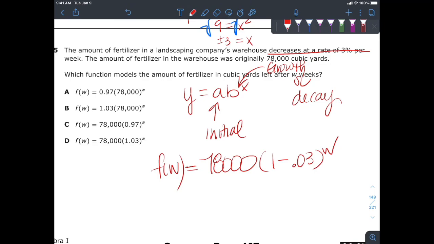So this is what my equation should look like. So I look at all of these. These guys have this totally wrong. They put them in the wrong places. And here we have decay and growth. This is decreasing. It's got to be answer choice C.